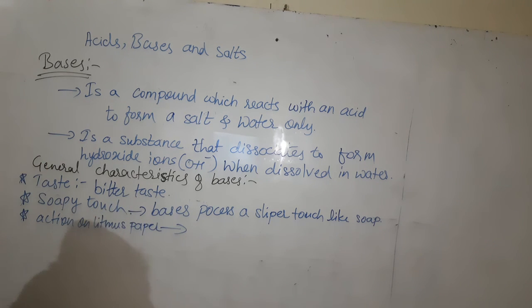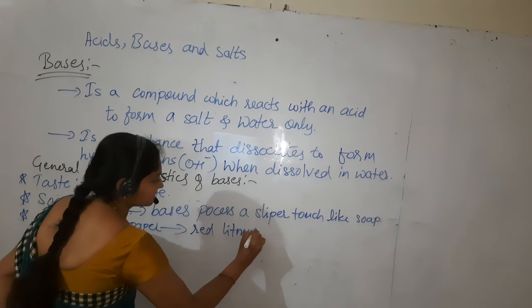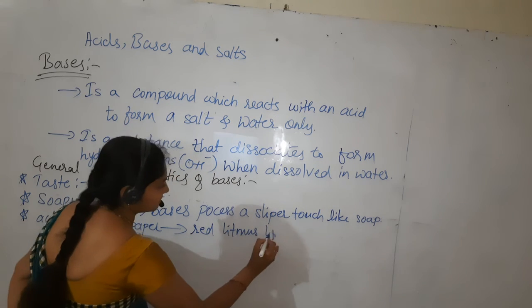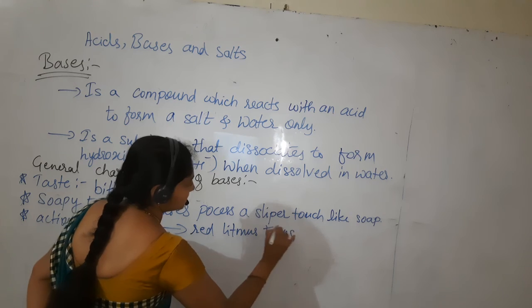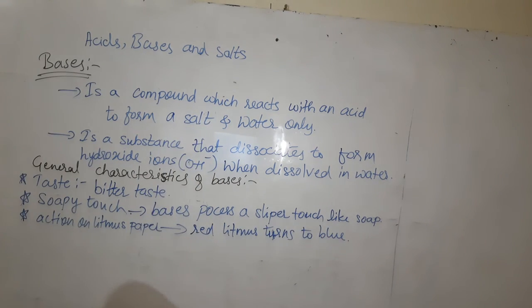What happens? The red litmus paper turns to blue. These are the general characteristics of bases.